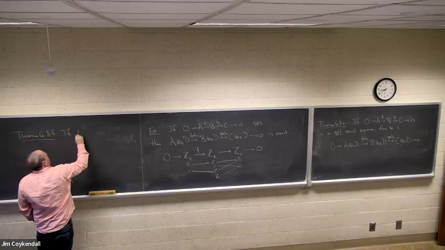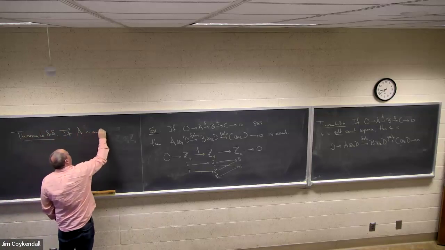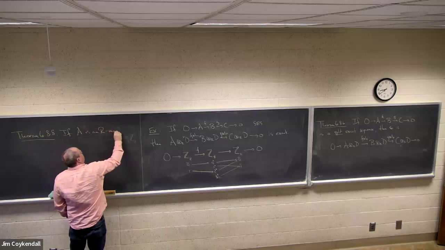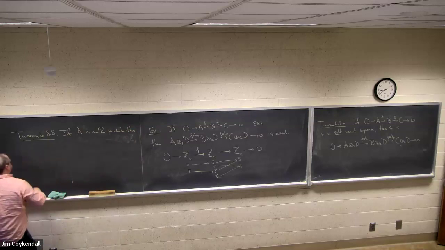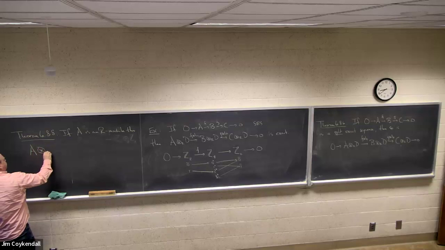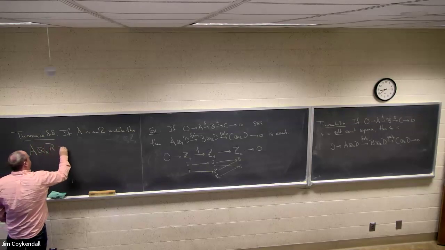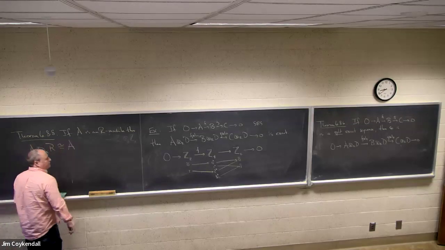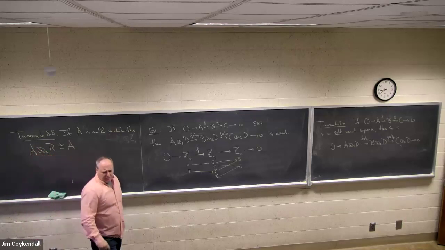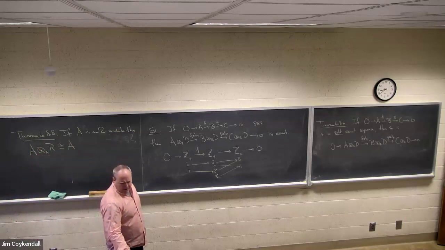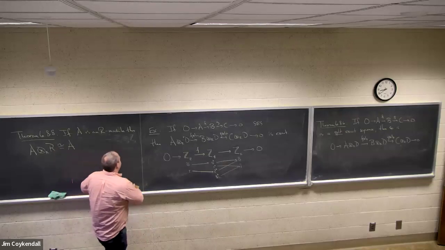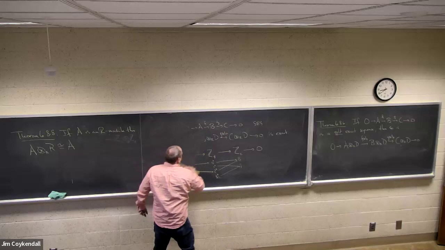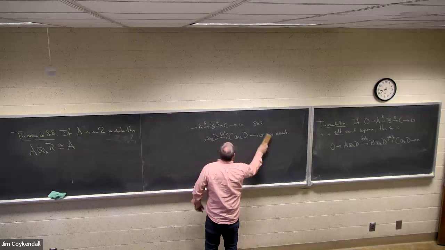If A is an R module, then this one before. And the next one's really kind of cool. Adjoint associativity.